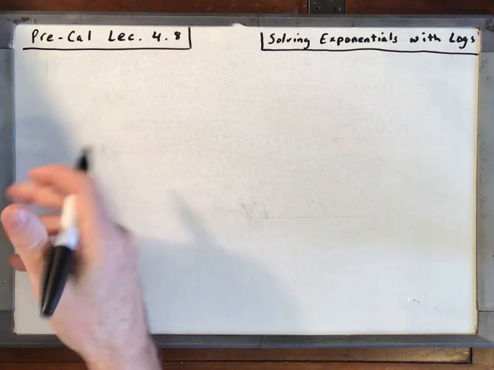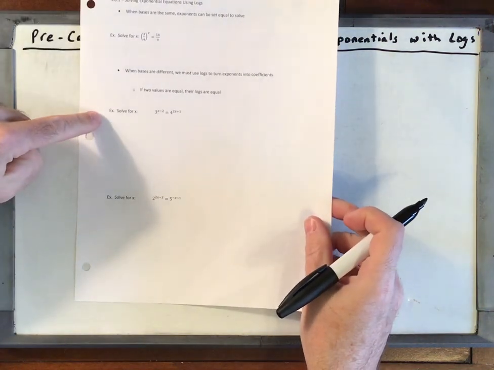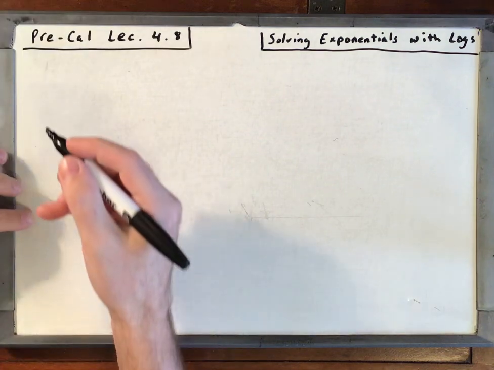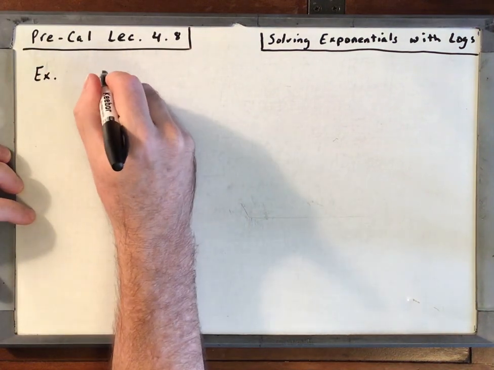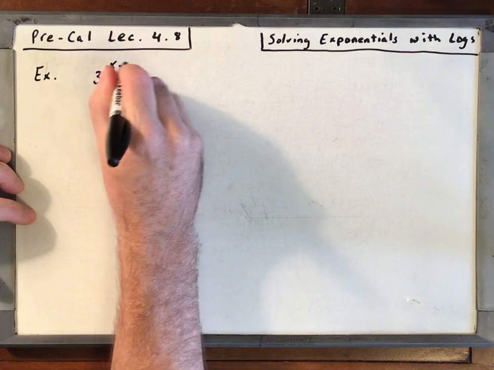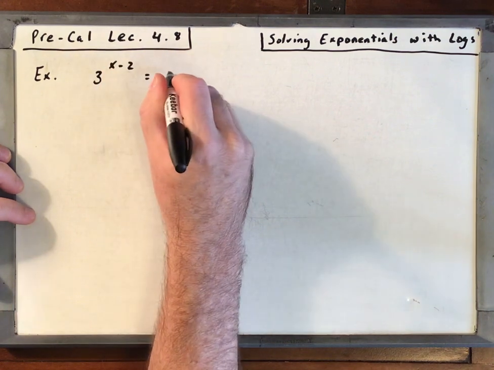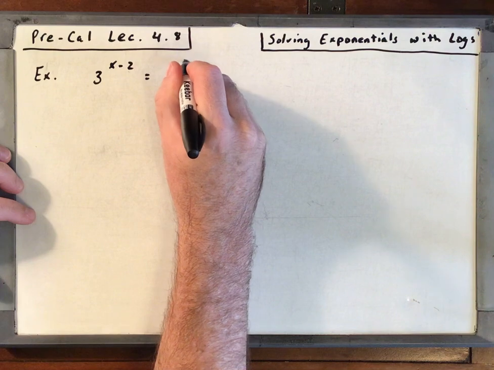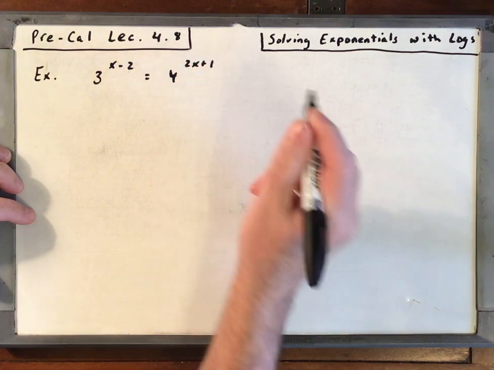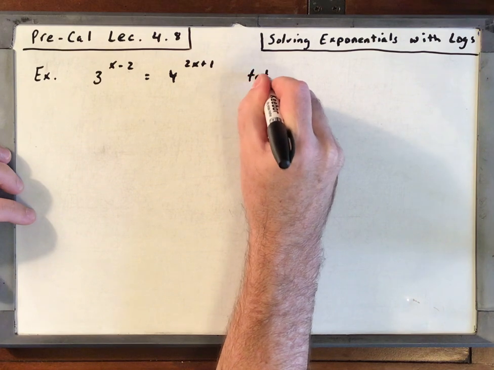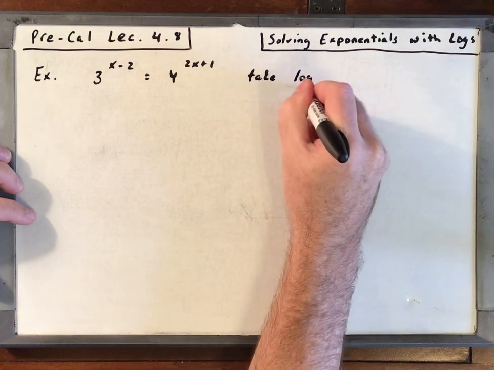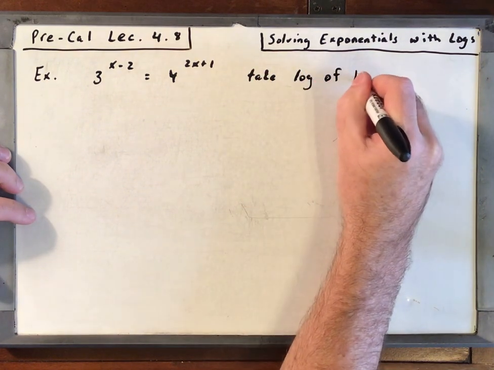So our next example in the notes, we're right here in the notes. We're going to solve for x. We've got 3 to the x minus 2 power is equal to 4 to the 2x plus 1 power. What I want to do is take the log of both sides.